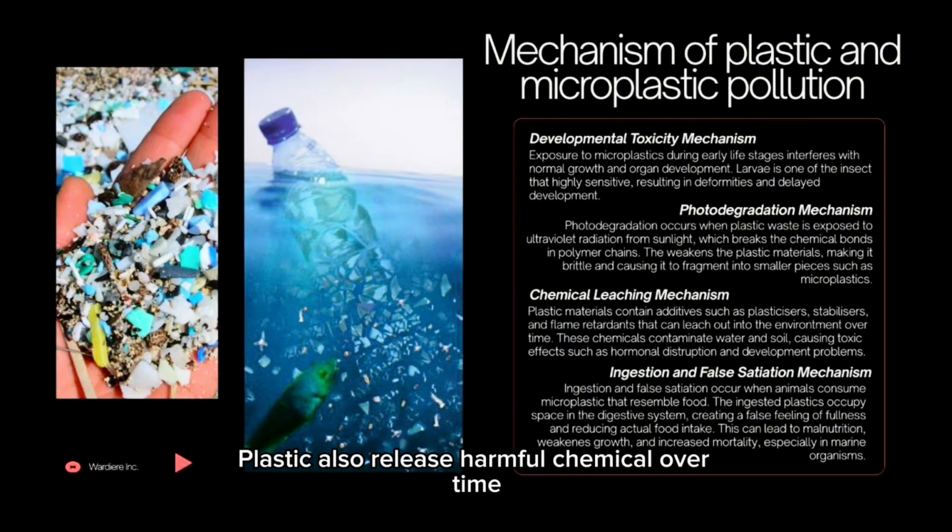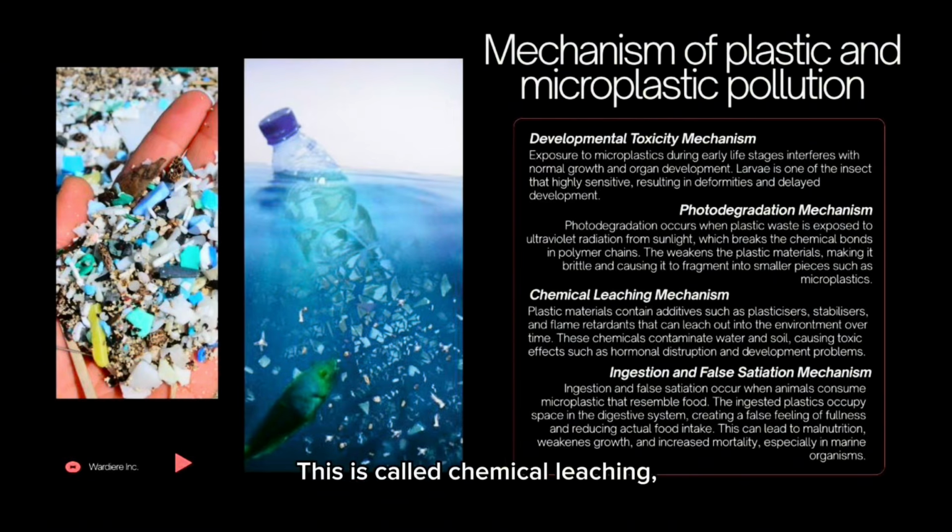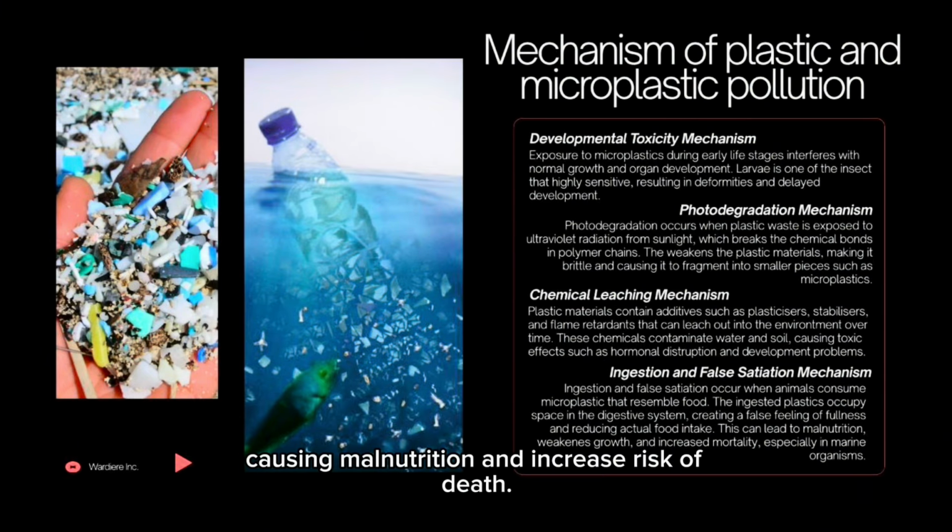Plastic also releases harmful chemicals over time. This is called chemical leaching, which can contaminate water and soil and disrupt hormones in living organisms. Lastly, ingestion and false satiation occur when animals take microplastic for food. These plastics fill their digestive system, causing malnutrition and increased risk of death.